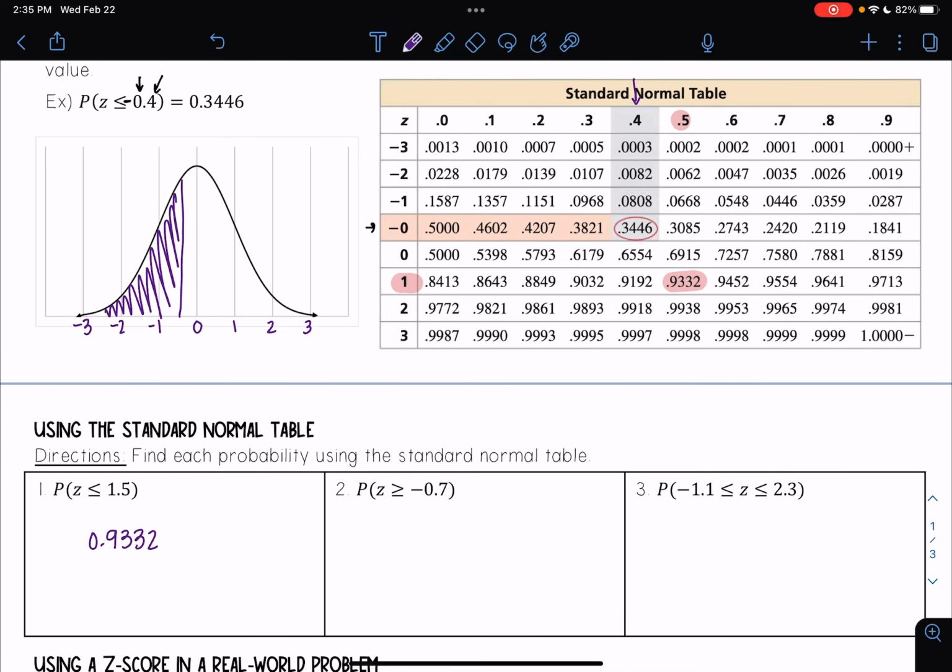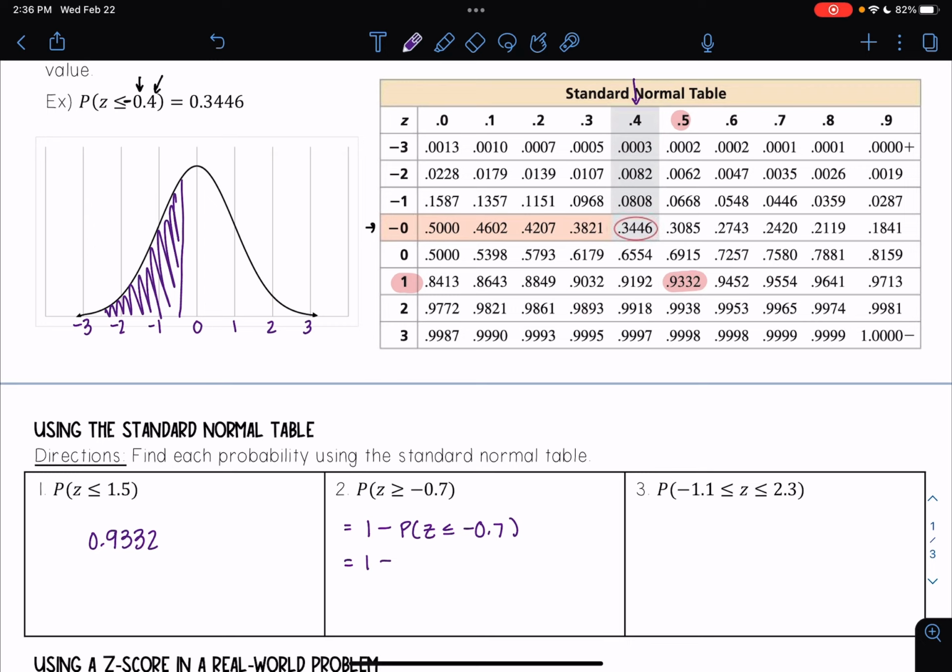Something we can remember here is that the area underneath the curve is equal to 1. So if I want everything greater than or equal to it, I could take everything less than it and subtract it from 1. So this is going to be equal to 1 minus the probability that z is less than or equal to negative 0.7.